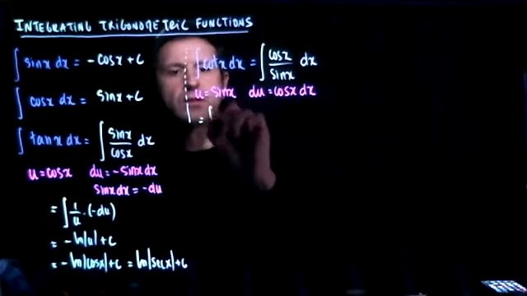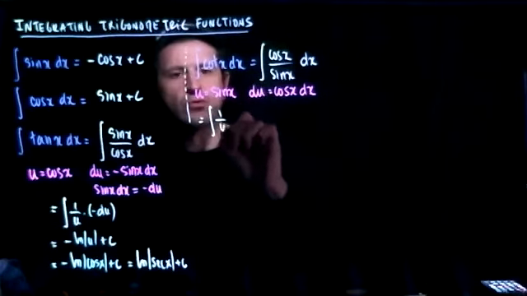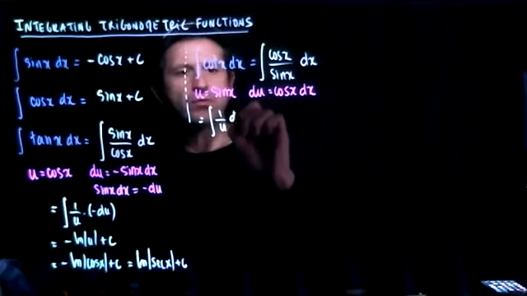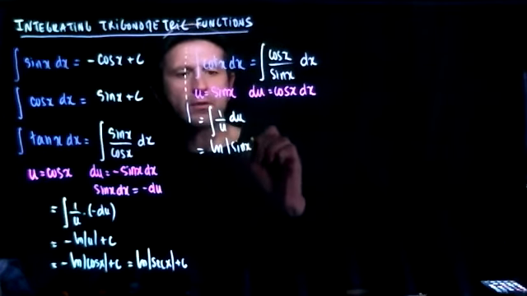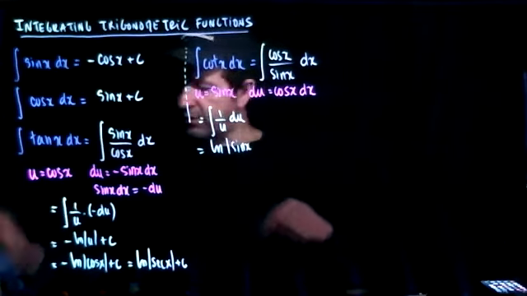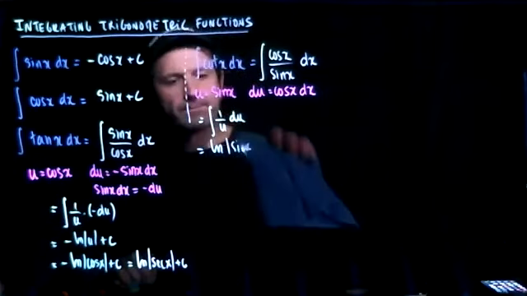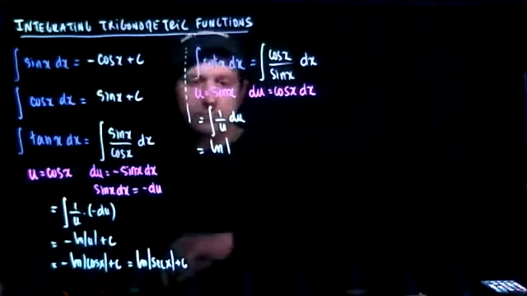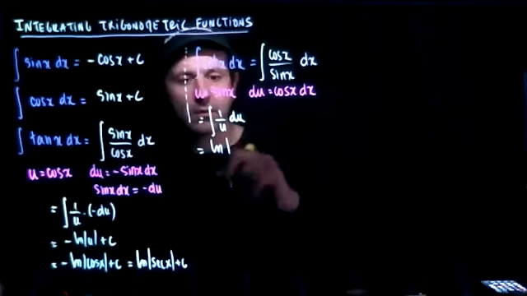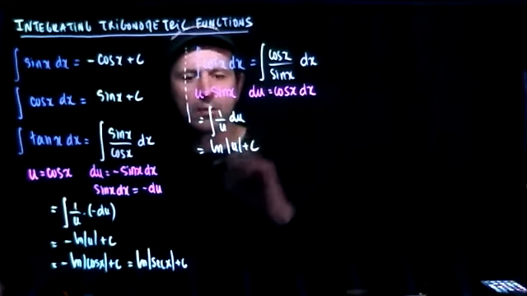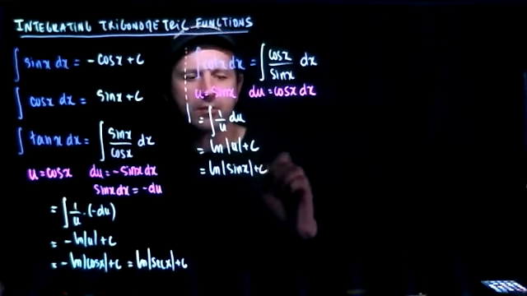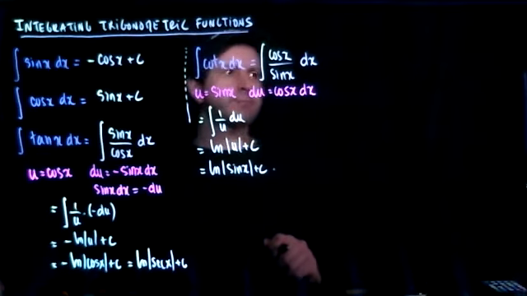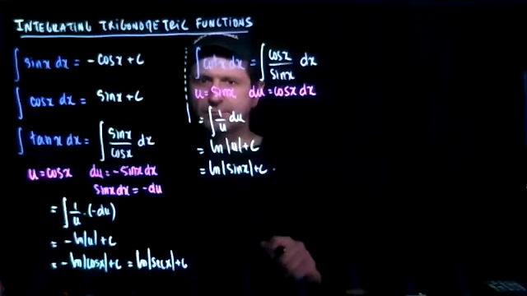It becomes the integral of 1 over sine, so 1 over u times cos x dx, which is du. And this is just ln of u, which is ln of sine x plus C. Okay, any questions?